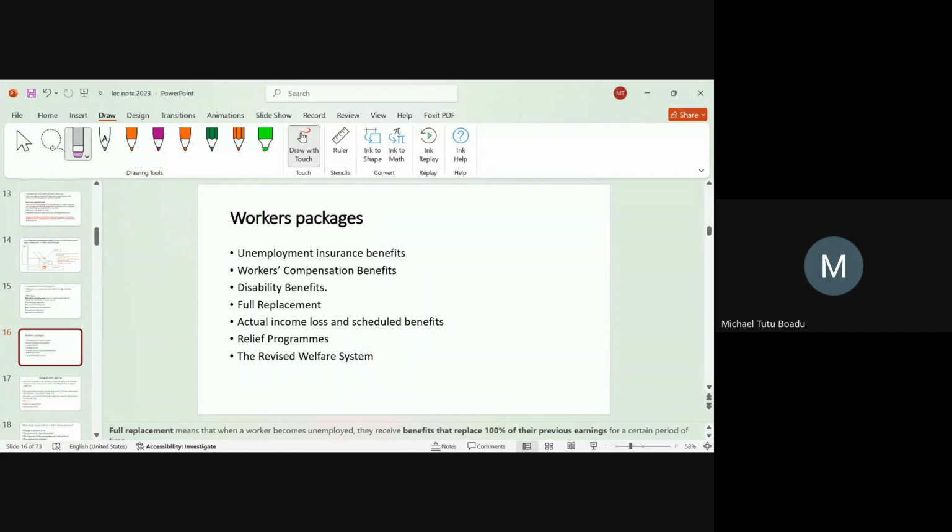And one of them is unemployment insurance benefit. Even though in our part here, we don't have it. We don't have unemployment insurance benefit in Ghana. But other economies have it. If you are not employed, you receive a benefit every month. I know the US has it.